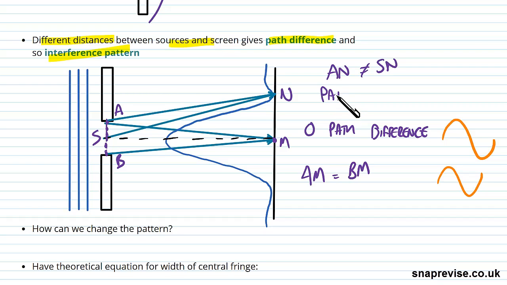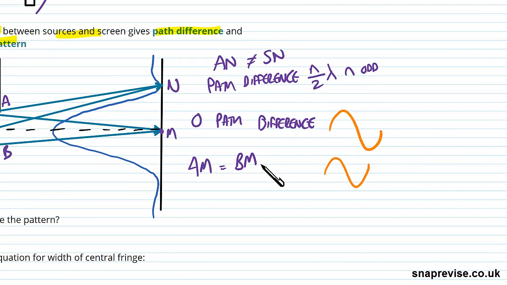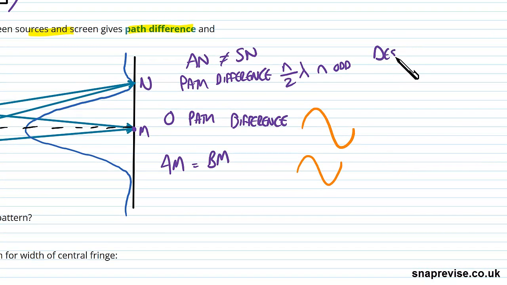So path difference is going to be n over 2 lambda for n odd. That is to say that we have destructive interference, or cancellation, occurring at that point.